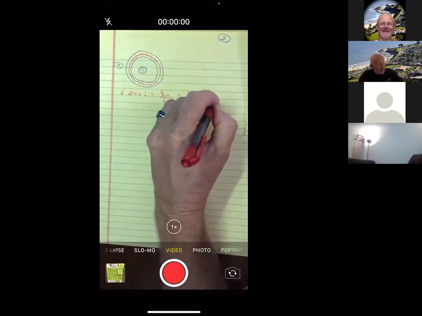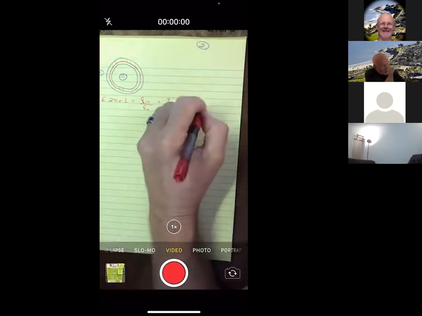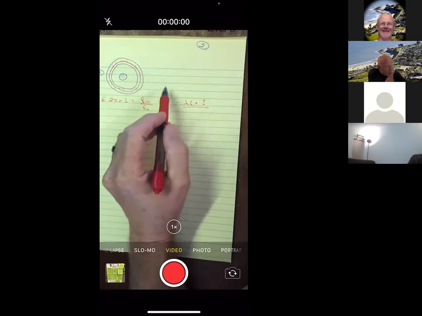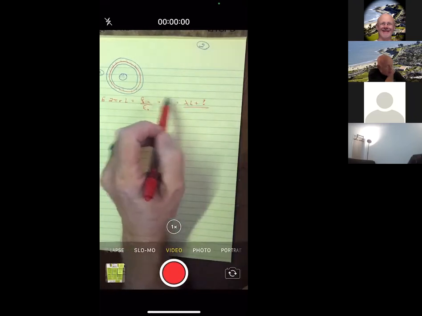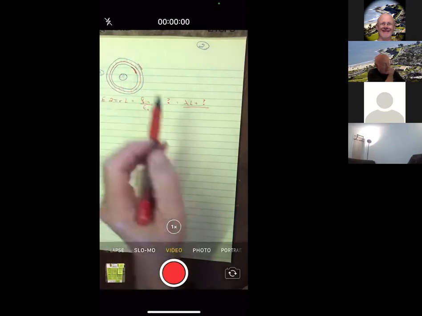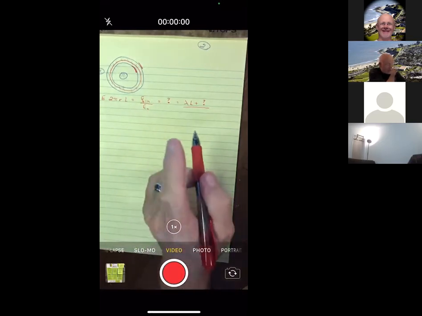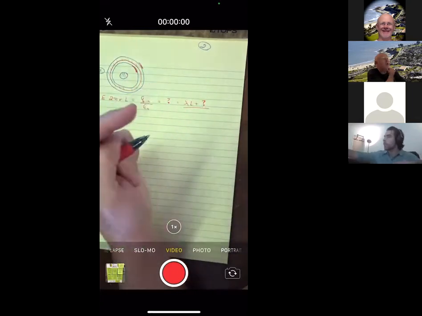I could say lambda L plus, but I run into trouble trying to say how much is here, because that would only be the stuff on the inner surface and not the outer surface. And I don't know that. But that's perfect, that's what I want. I'll just put a question mark there.